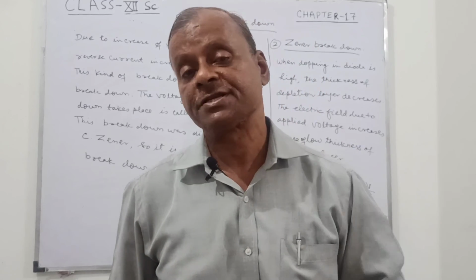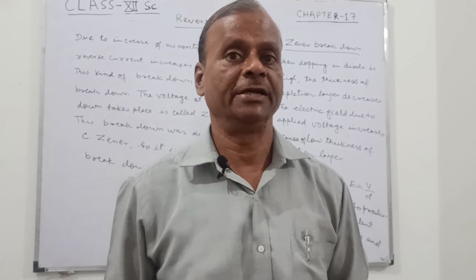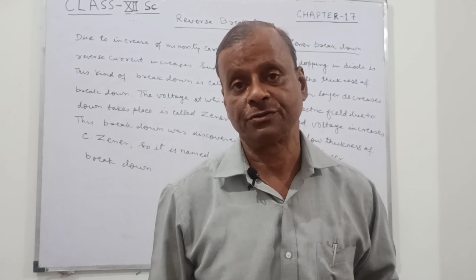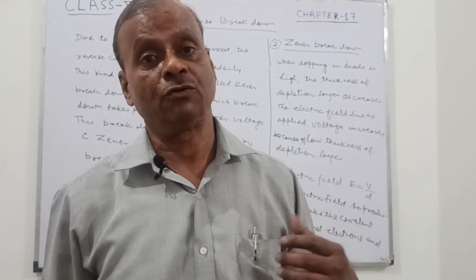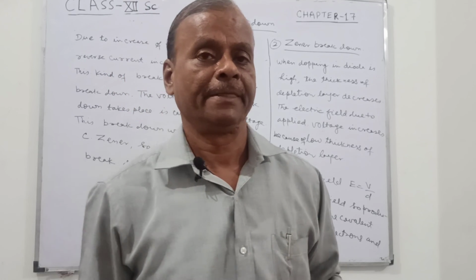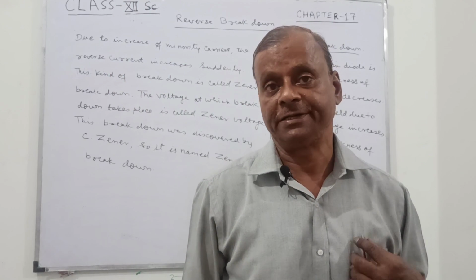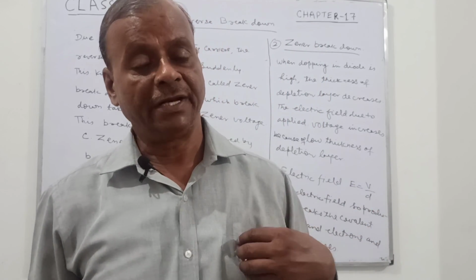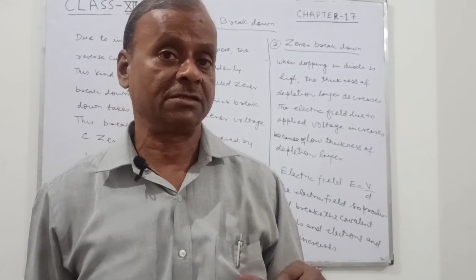This electron further strikes the next covalent bonds and further increases the number of electrons and holes. Thus the number of electrons and holes increases continuously, and that increases the current.